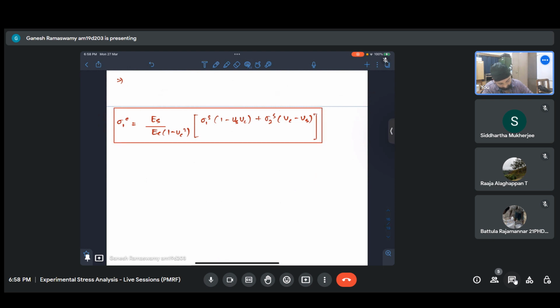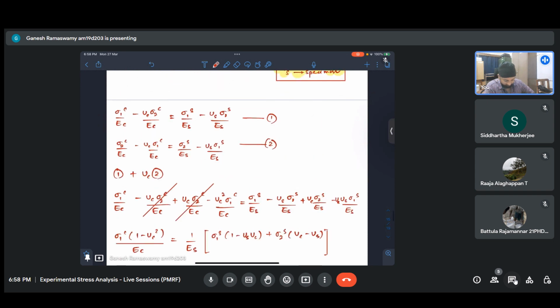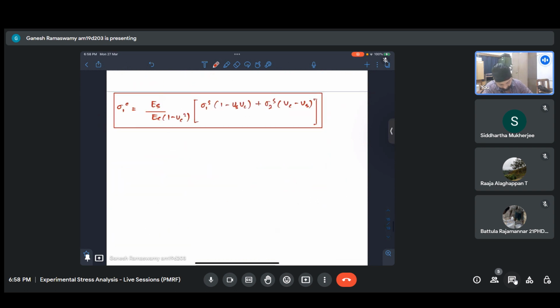So similarly, let us say we substituted from 1 and 2, instead of eliminating sigma 2c, if we were to eliminate sigma 1c, we will get sigma 2c is Es upon Ec into 1 minus mu c squared.